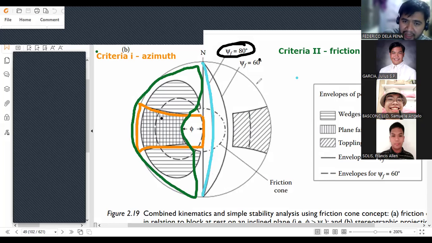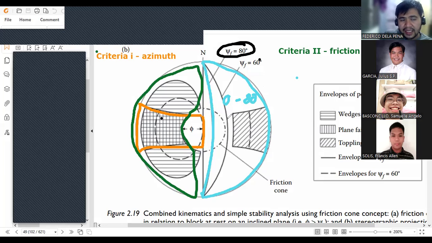As per criteria 3, all the discontinuities that are more gentle compared to this slope face would be eligible. Therefore, if we draw a zone that encompasses that criteria, this zone will represent all the angles from 0 to 80 degrees.